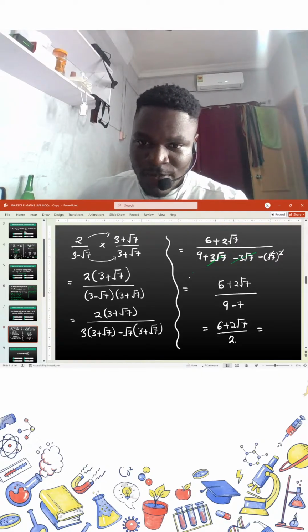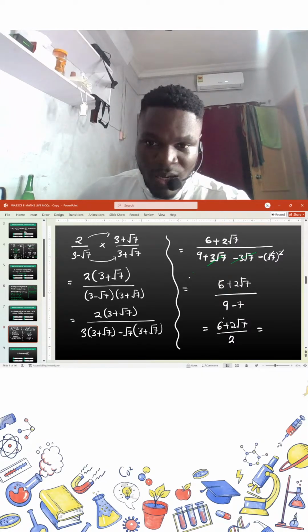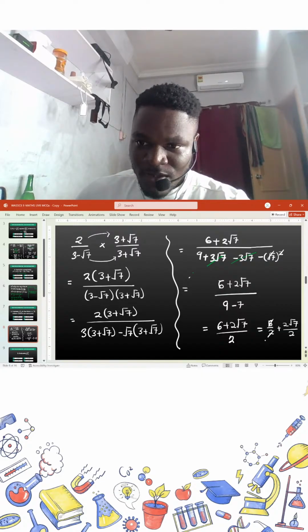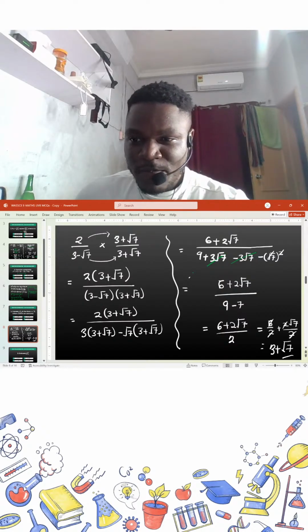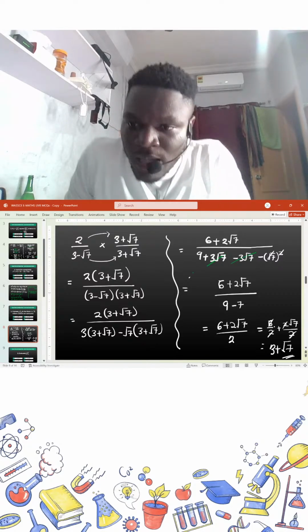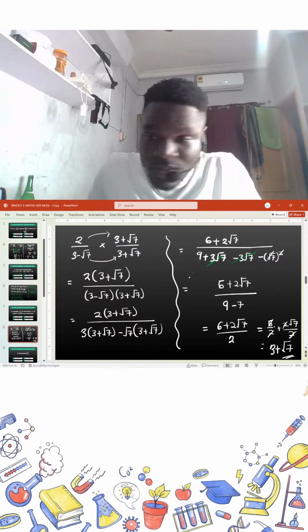We can rewrite this as 6 over 2 plus 2 root 7 over 2. So we have 3 plus root 7 as our answer to this particular problem.